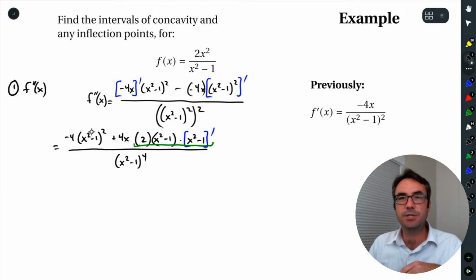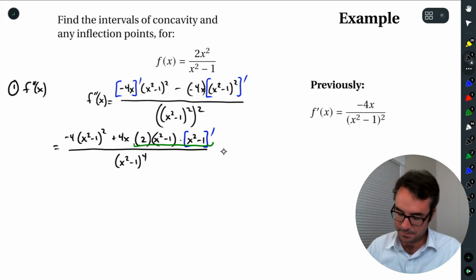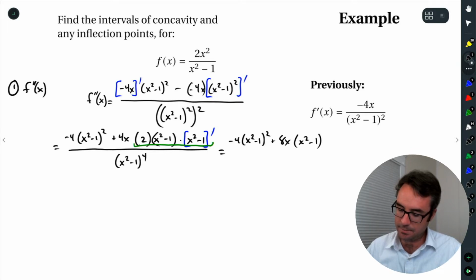There's not too much here. We'll leave this unmultiplied out. Let's just leave this alone. We could do a little bit over here, so that'll be 8x. And then we have x squared minus 1. And then what's the derivative of x squared minus 1? That's just 2x.